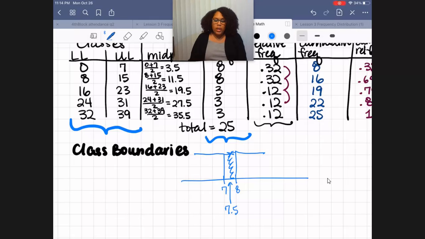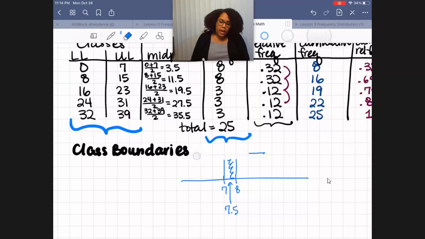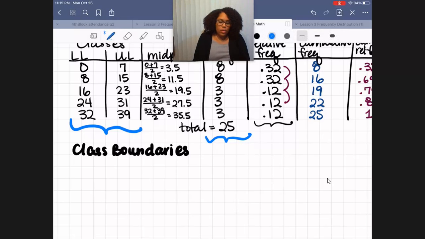What we're going to do is take this whole idea of the halfway mark in between each of our classes, and we're going to stretch out the class limits to create class boundaries that are going to meet up and start at the same number or end at the same number. So let's look at how we're going to do that. My first class limits were 0 to 7.